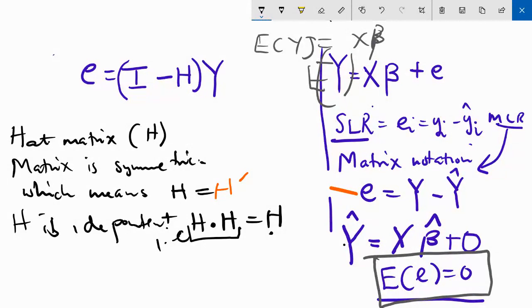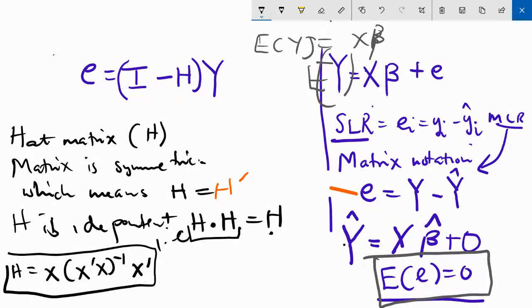We said from the previous step that H is equal to X, the inverse, X prime. So now H is given by this. So we are saying if you multiply H with itself, you will get H. Even if you multiply H by H by H, you'll still get H. Let's prove it, guys.